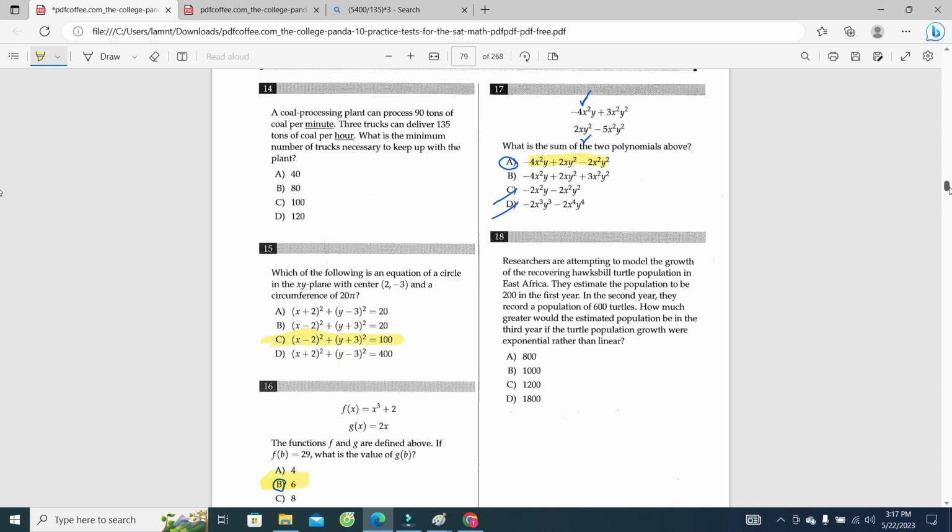How much greater would the estimated population be in the third year if the turtle population growth were exponential rather than linear? Okay, this is an interesting hard question. We're going to have to sit down and think.